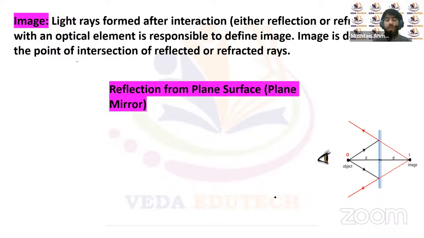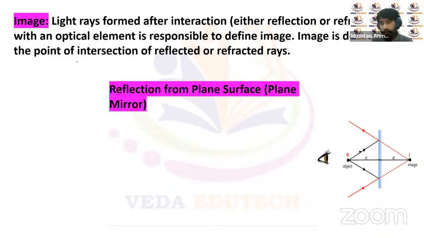After interacting with the optical element, the point of intersection of the reflected or refracted, or transmitted, rays is the point of formation of the image. Image is nothing but the point of intersection of reflected or refracted rays.